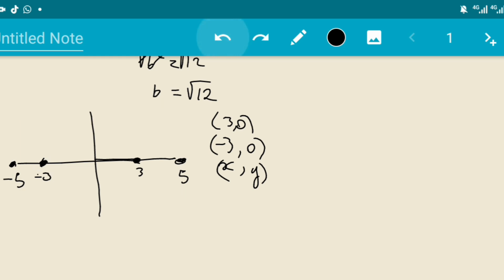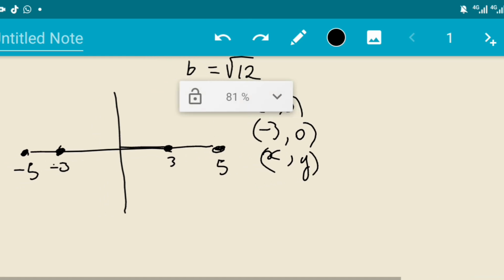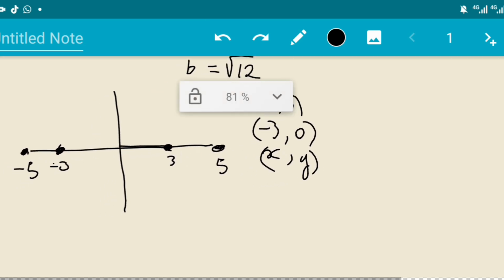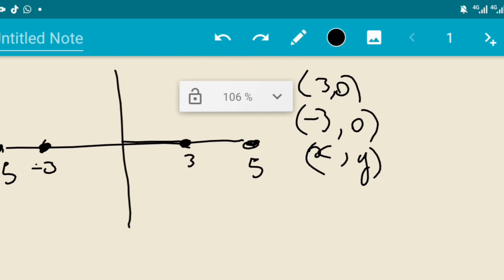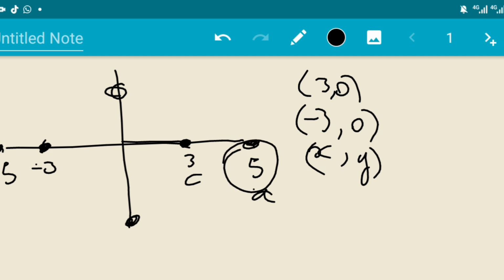The major axis is always the one that has the foci on its axis. So we have our C, and we have our A.